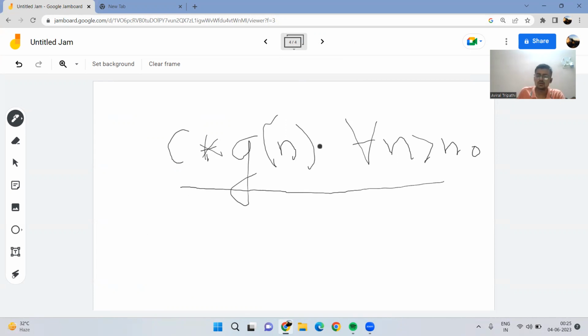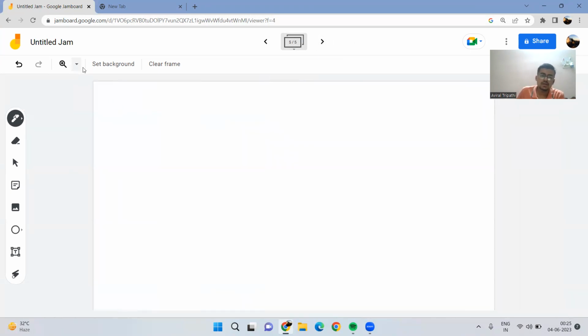Let me take an example. C is a constant here, and g(n) is a function. Suppose f(n) is equal to 2n plus 3.